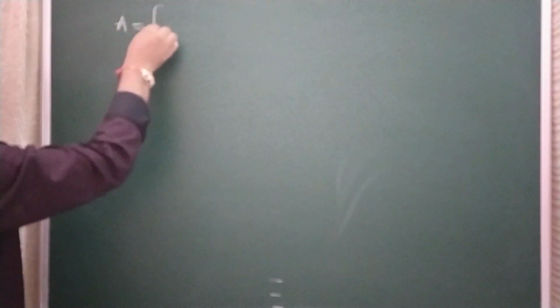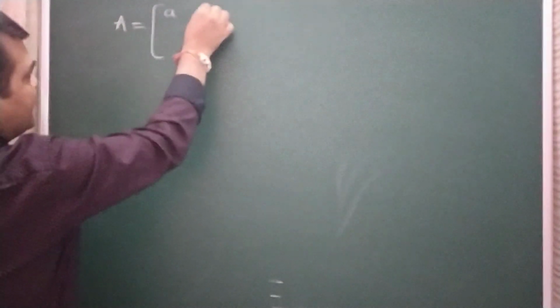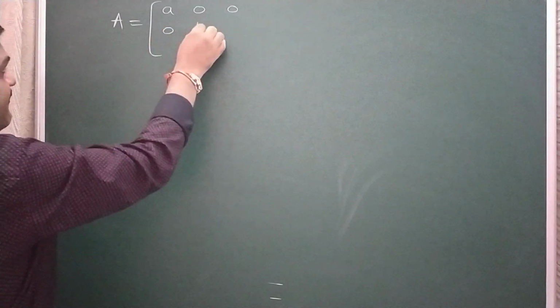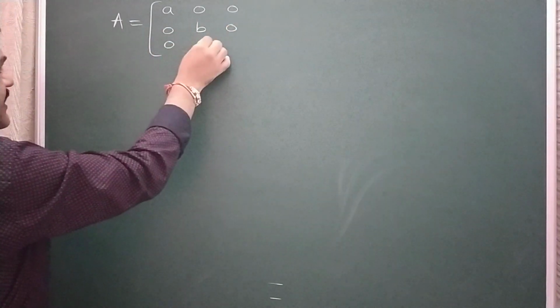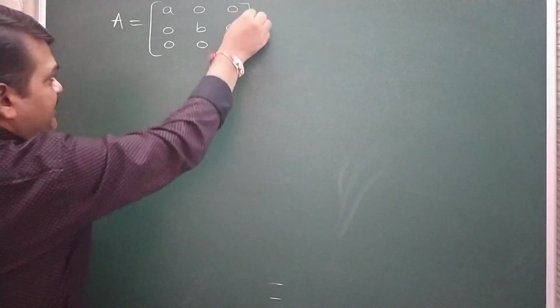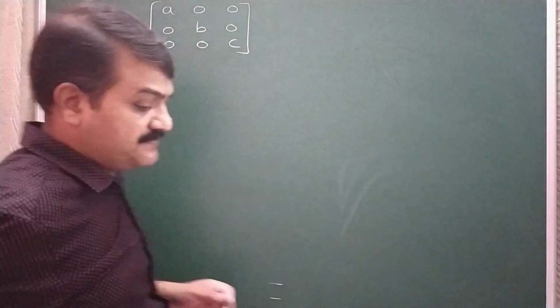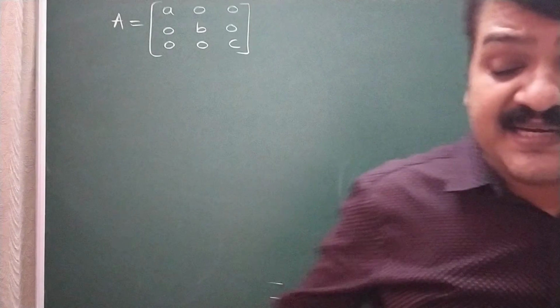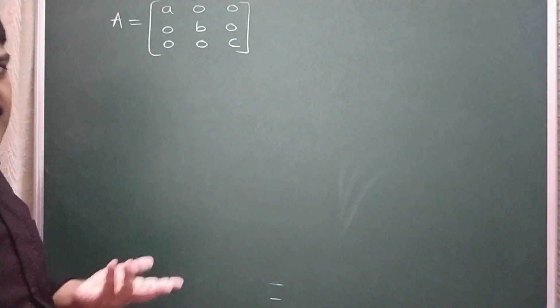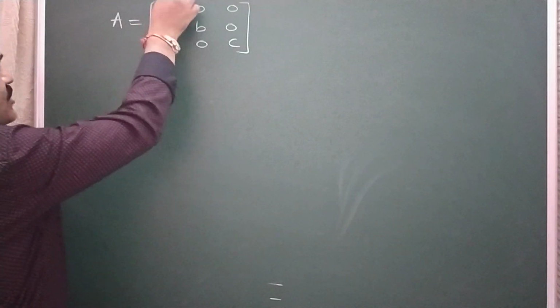For example, if I have a diagonal matrix like this. Some special types of matrices we will discuss. Let us find the determinant of this. I can use any row or column, so I will use the first row.